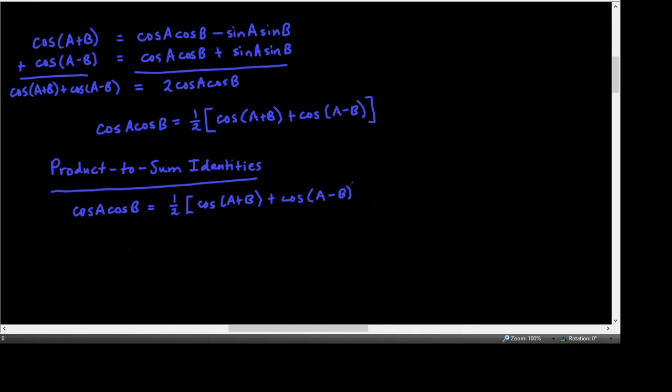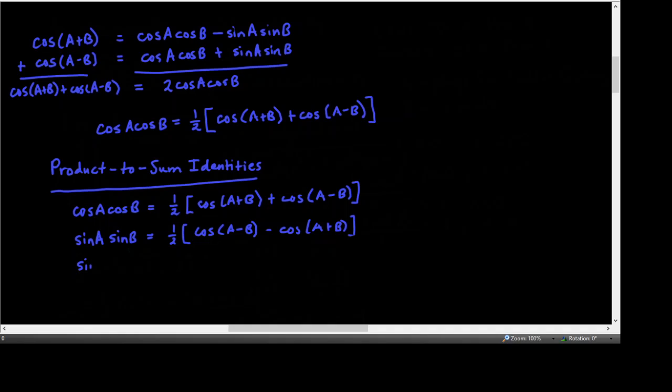And believe it or not, that makes integration in calculus for that kind of problem super duper easy. Okay, if you have the sine of A times the sine of B, that's going to end up being 1/2 times cosine of A minus B minus cosine of A plus B. Okay?